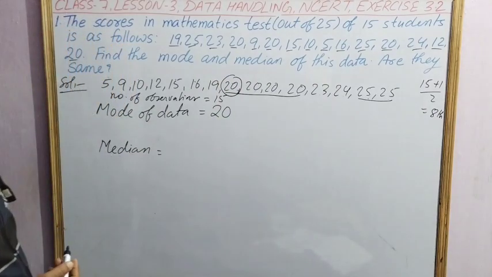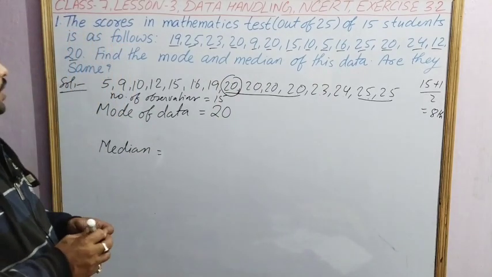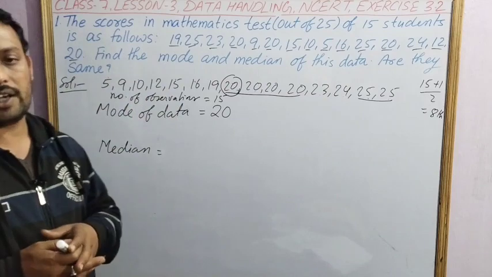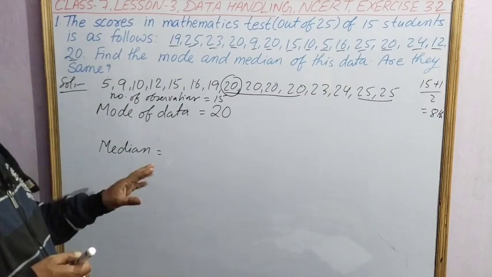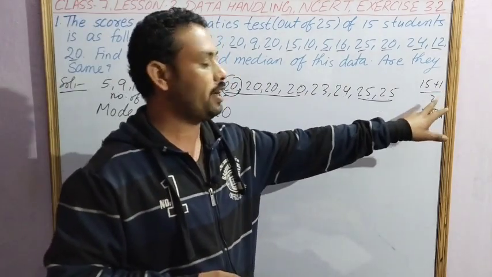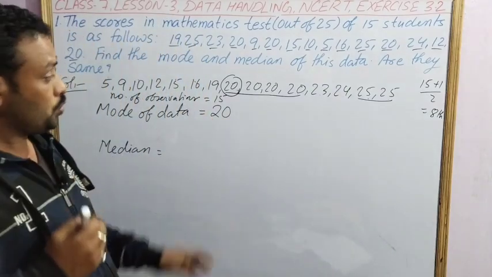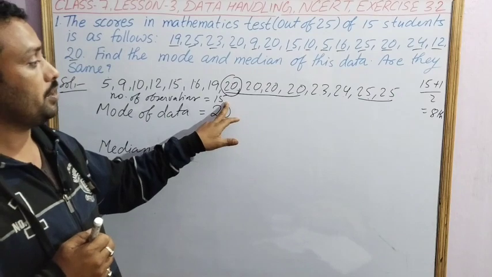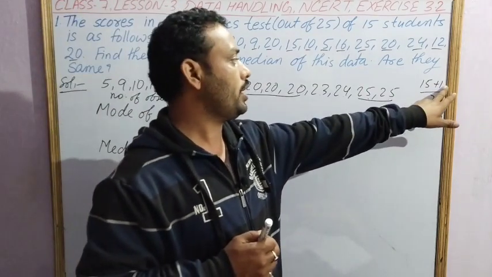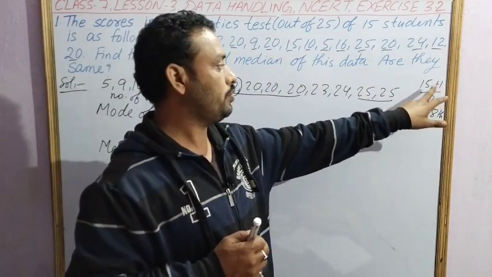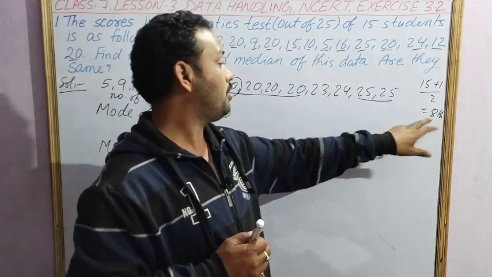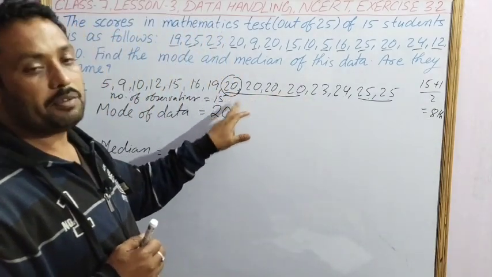What we have done: if the number of observations is odd, we add 1 and divide by 2. Since we have 15 observations, which is an odd number, we added 1 and divided by 2, so we get the 8th. The 8th observation will be the median.